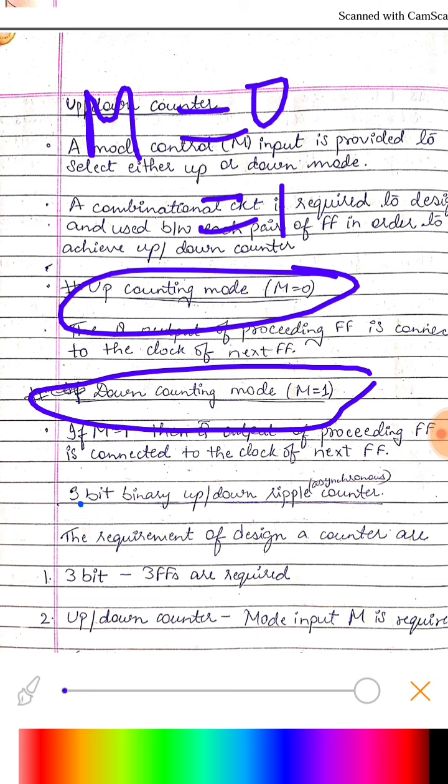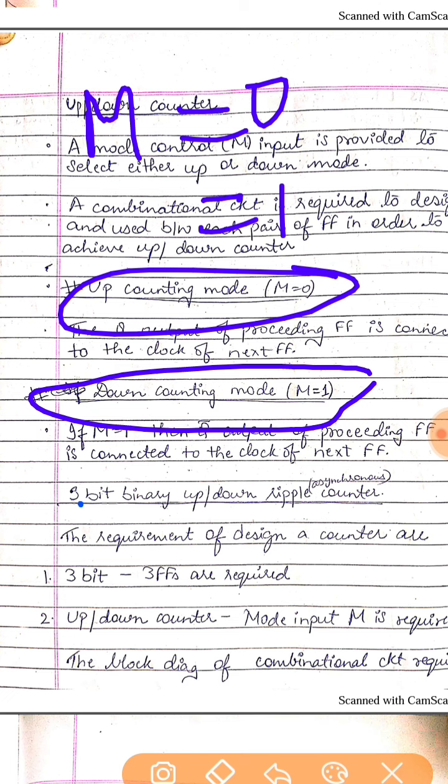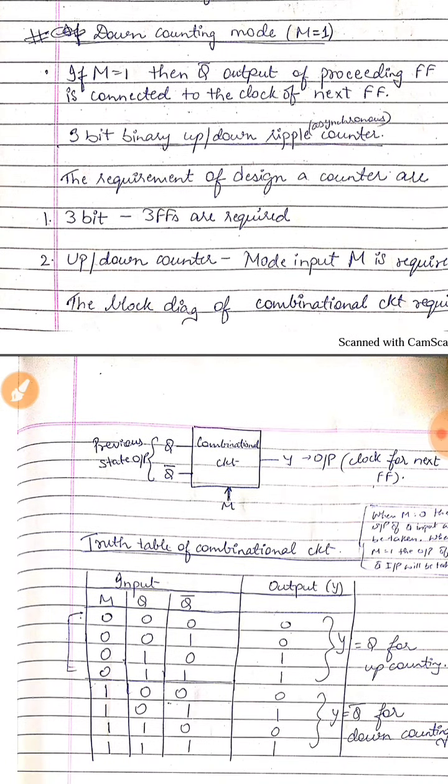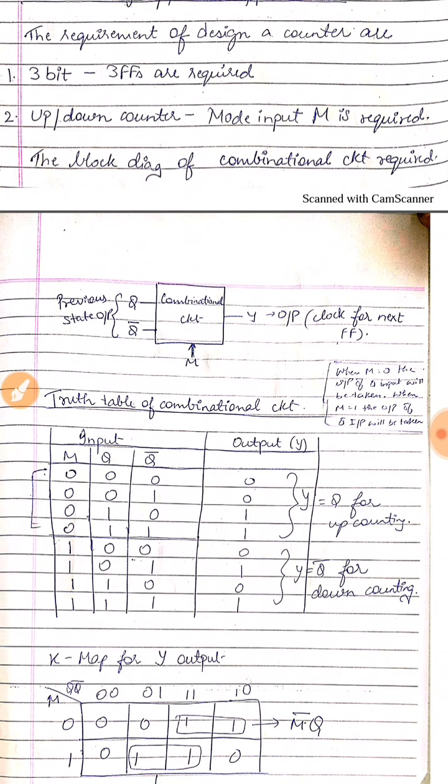So if we have a 3-bit binary up down ripple counter or asynchronous counter, we would require 3 flip flops. So mode input M is required so that we can choose from the up and down mode. For that we would need a combinational circuit.